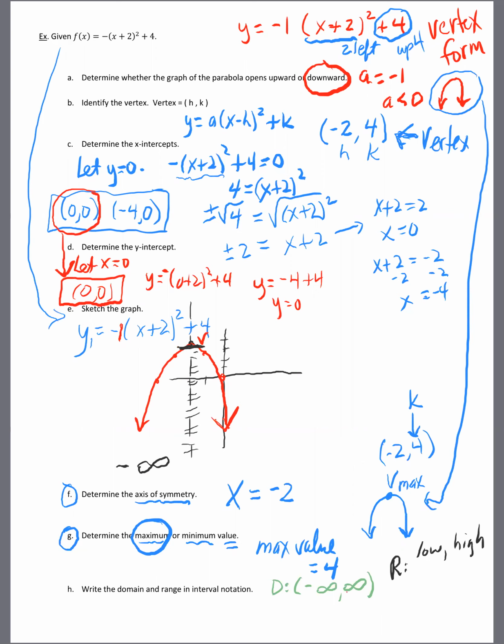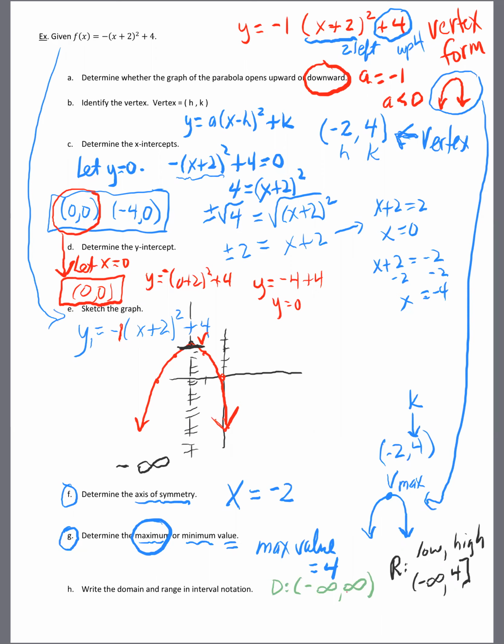That was the number 4. So I know from -infinity, that's the low, up to the number 4. I have to use a square bracket here because there's actually a point at (-2, 4). That's the highest value it uses in the y direction.